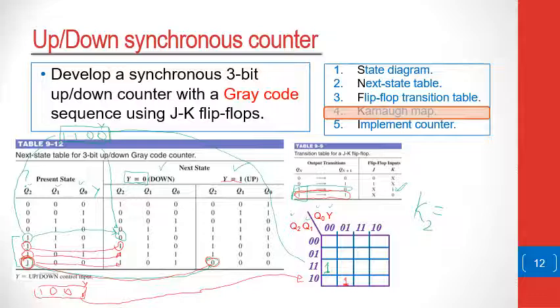For all of these three instances, we know that this happens because the Y input is 0. So let me just scribble here. The present state in the first row is 1, 1, 1. The second one is 1, 0, 1.